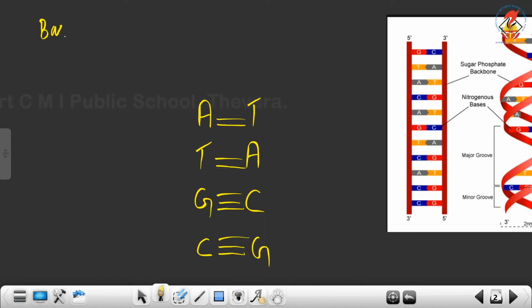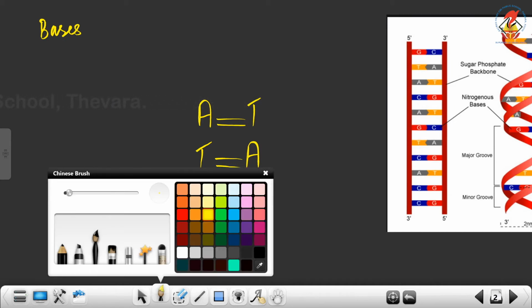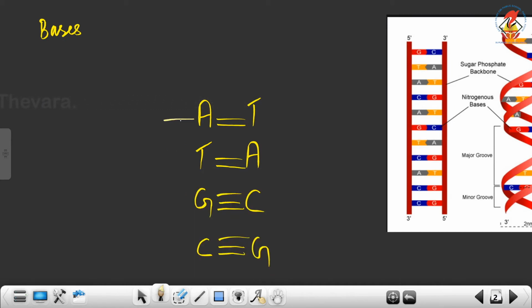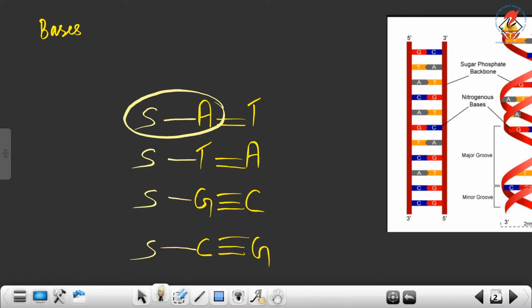Now from the first level I am moving on. So now what I drew is the bases. Now slowly I am going to increase the construction. Here the base is connected to sugar. So I am connecting sugar, sugar, sugar. Now we see this component, base plus sugar, forms a nucleoside. So what is a nucleoside?